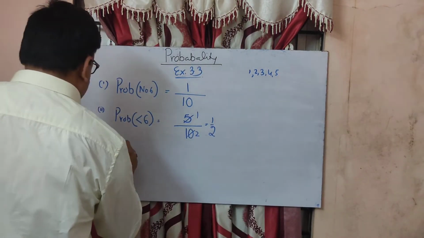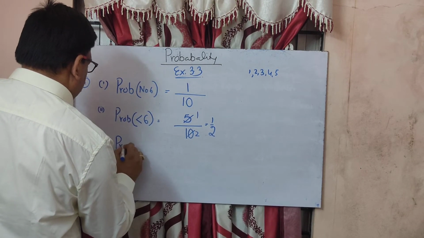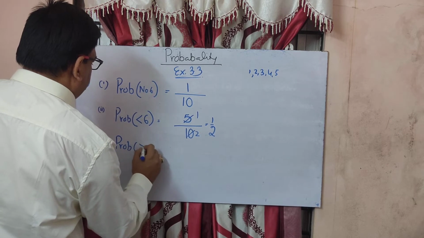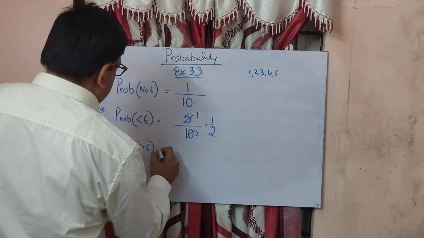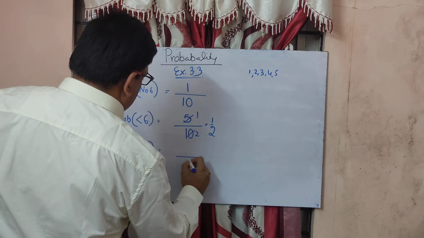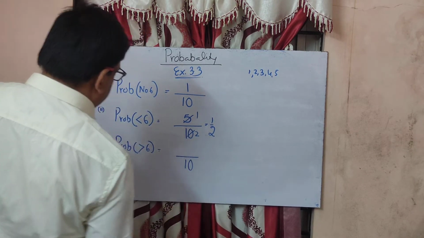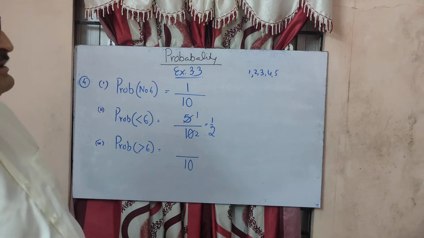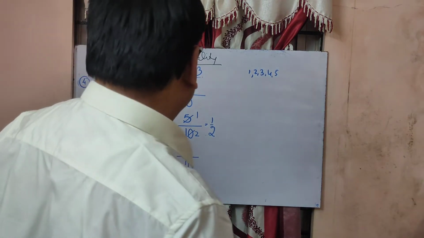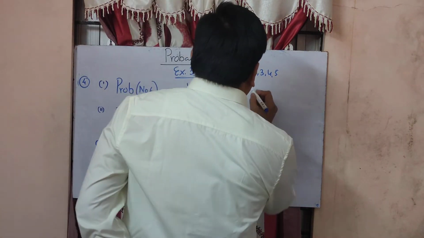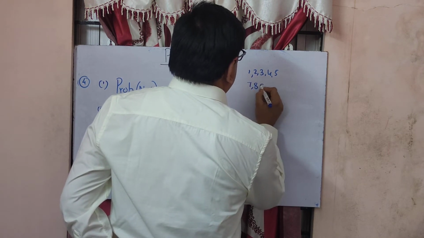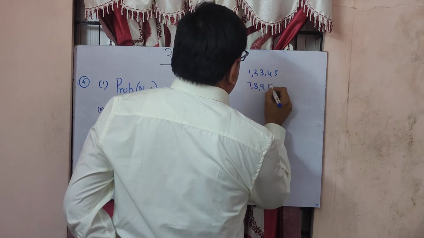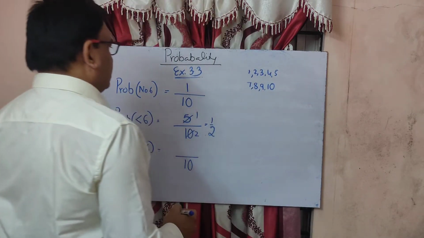Getting a number greater than 6. Again you have to write the probability of getting greater than 6. In all, there are 10 numbers. What are the numbers greater than 6? 7 is greater than 6, 8, 9, and 10 are greater than 6.